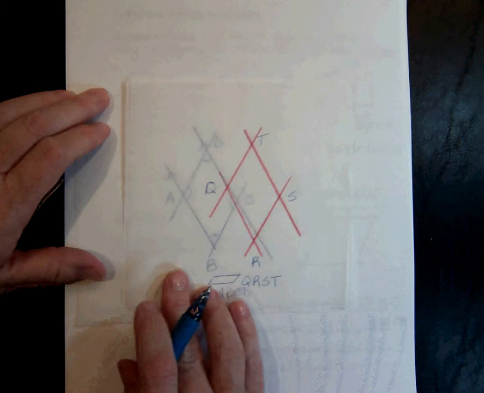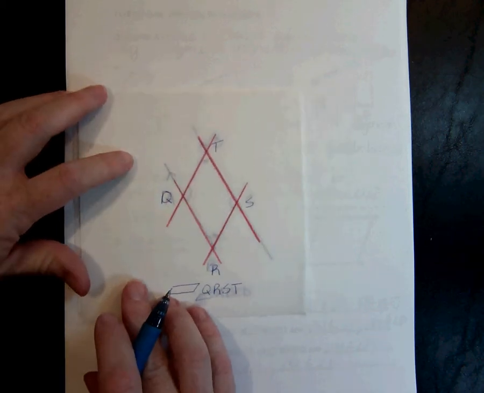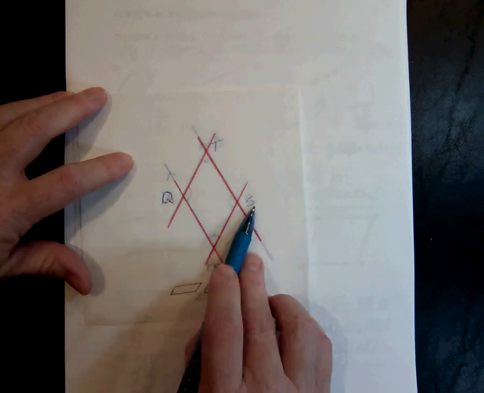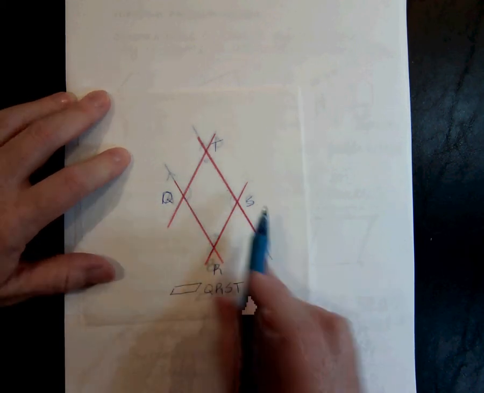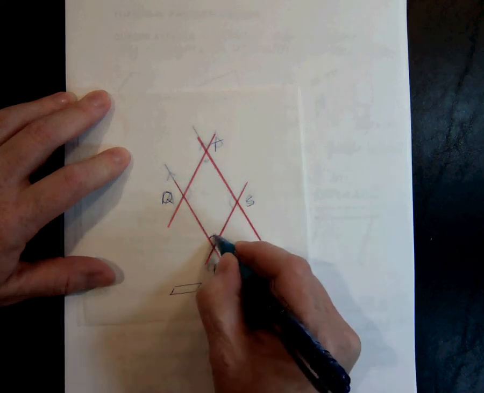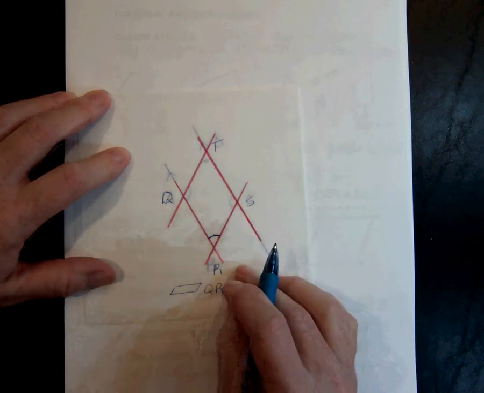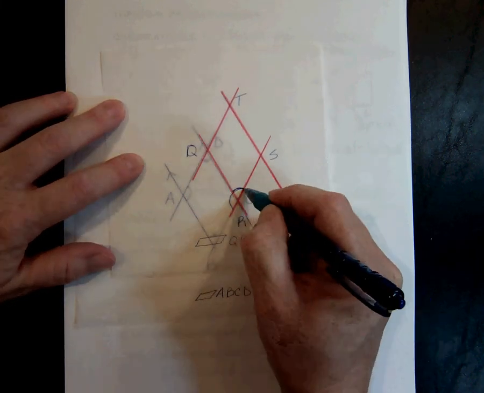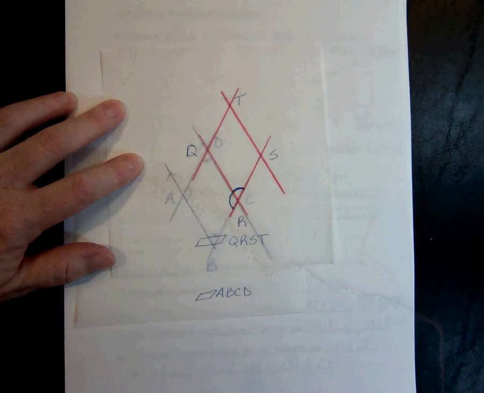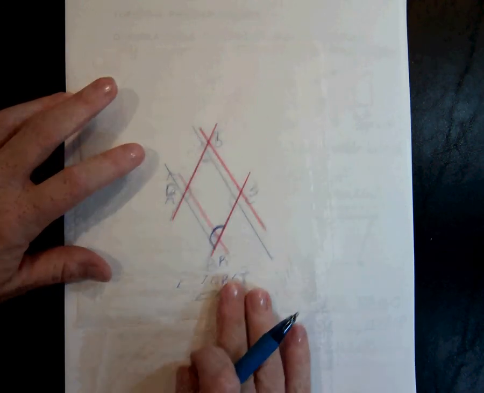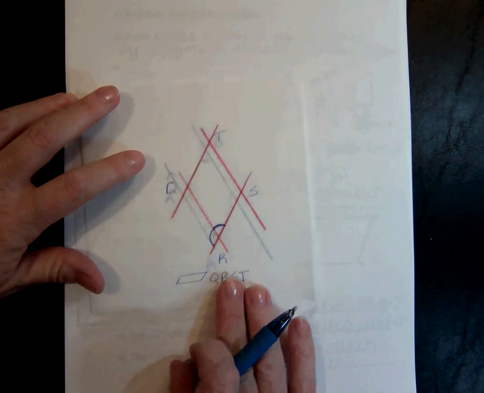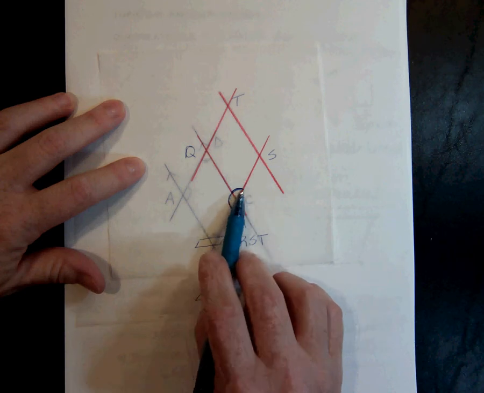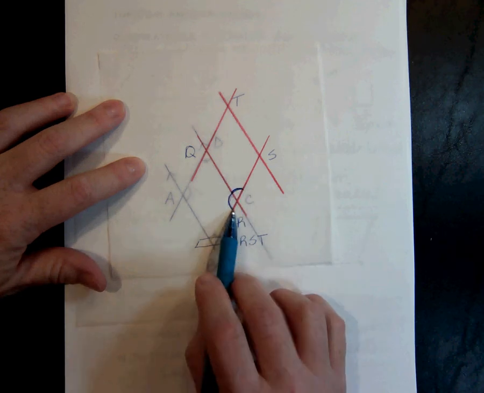Now, if you lay this on here again, you know that Q and A are the same exact measures, and so are C and S. If I were to measure this R and slide it up to C, notice it makes a straight line. Let's show that slower. Measure of R, I'm sliding it up to my underneath picture here, and it shows that it makes a straight line.